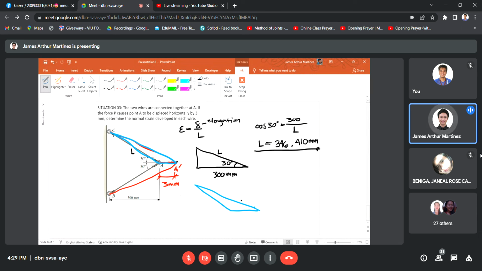We do not know the angle here, because it is acute and the angle is very small. So we label this as L prime, and the original length L here, and given the base of the triangle, which is 3 millimeters.